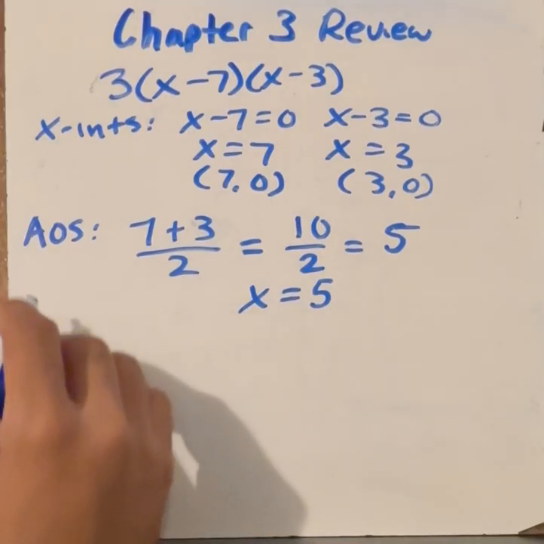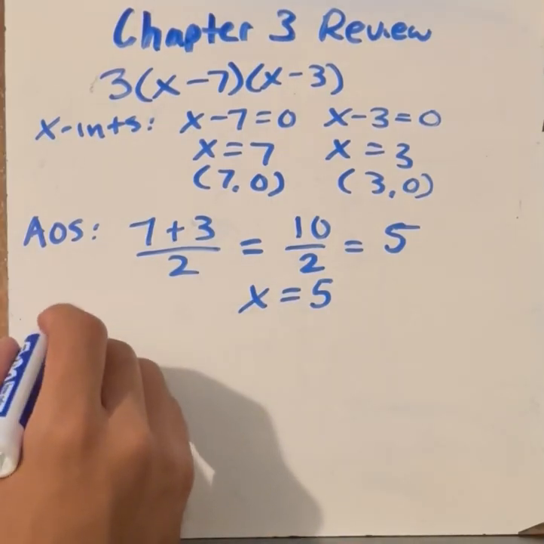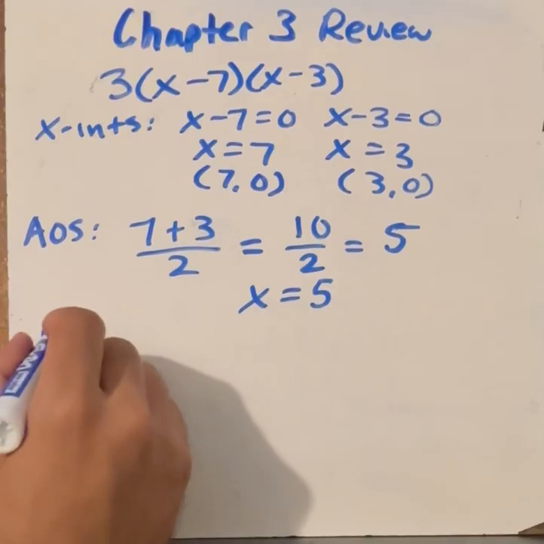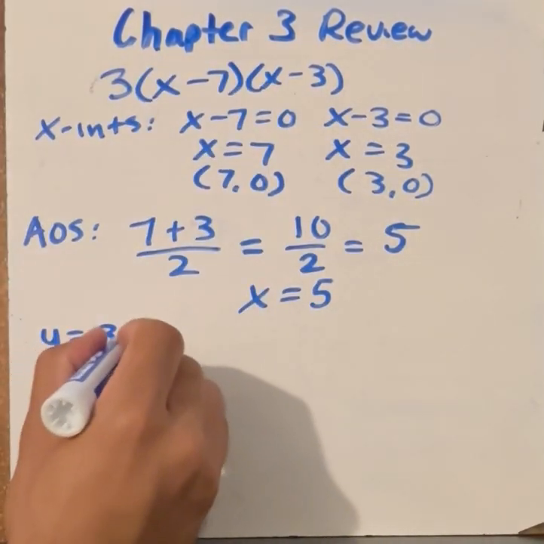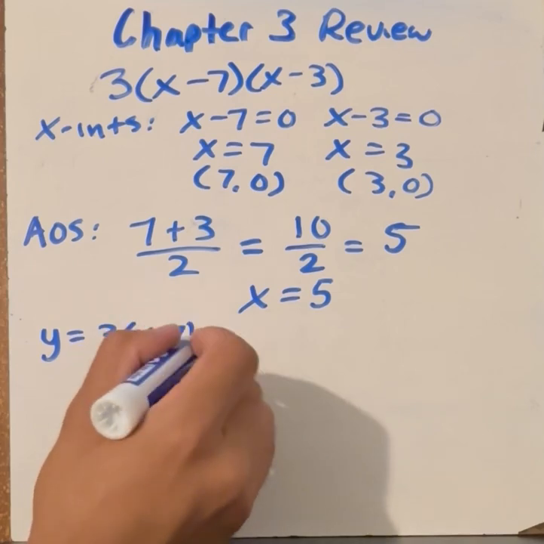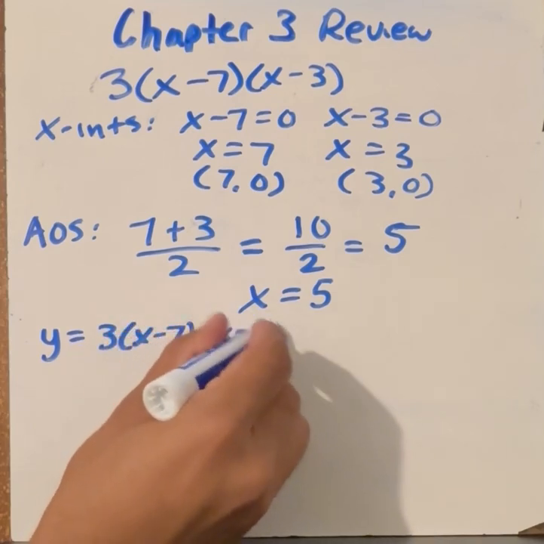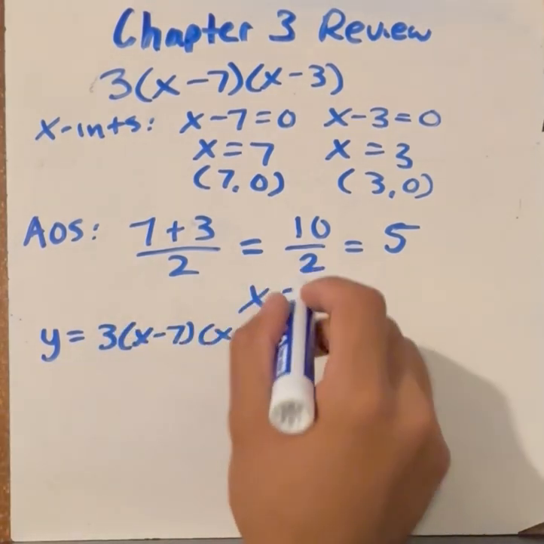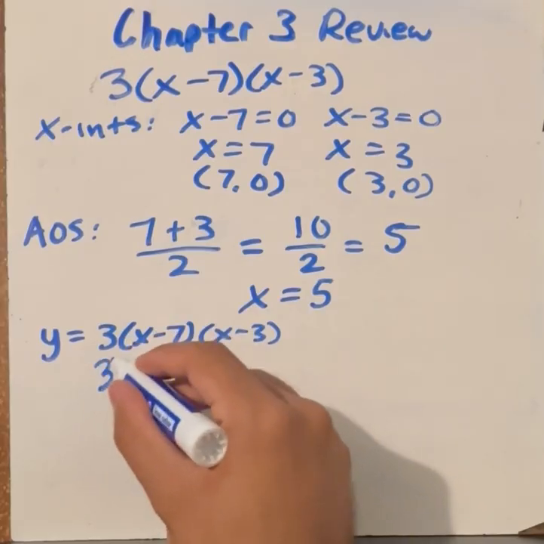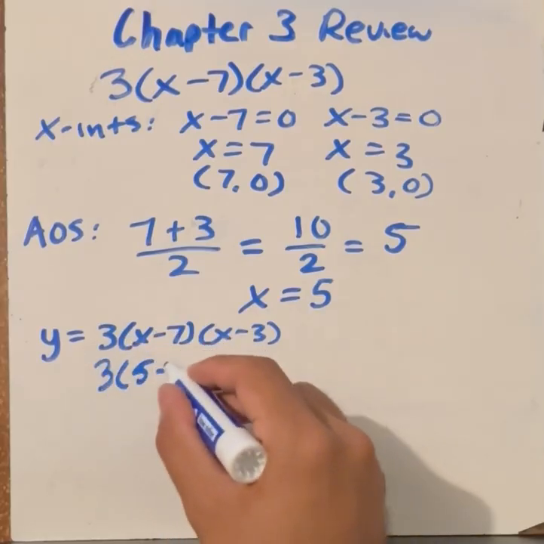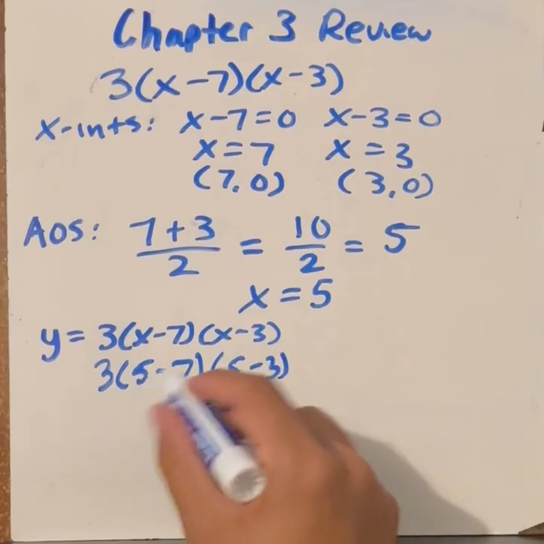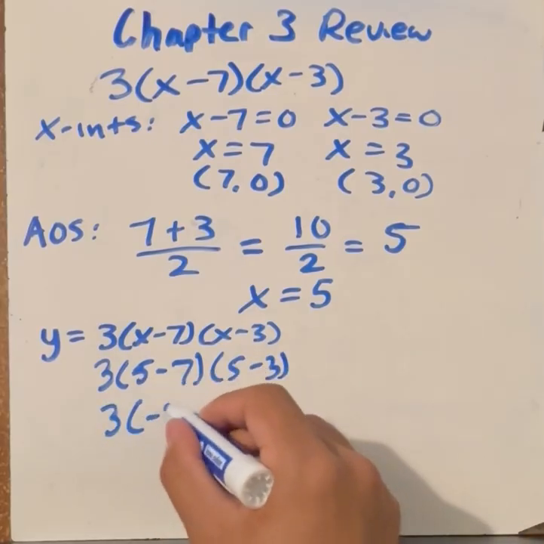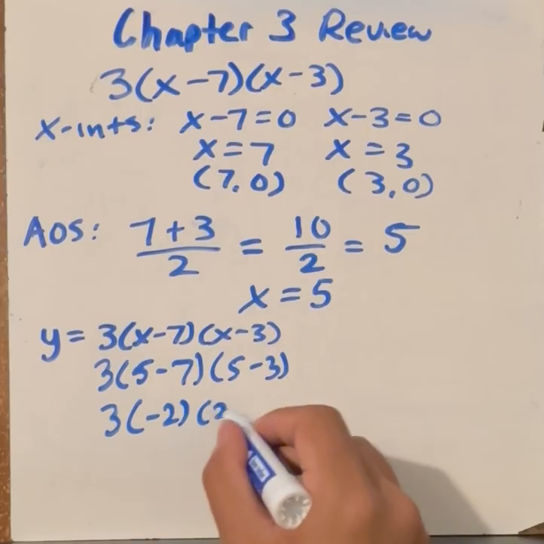Okay, and then next we can find the vertex. So to find the vertex, we have to find the y value, and y is equal to this right here. So 3 times x minus 7, x minus 3. And because we found that x was 5, we'll plug in 5 for all the x's. So 5 minus 7 and 5 minus 3. 5 minus 7 is negative 2. 5 minus 3 is positive 2.